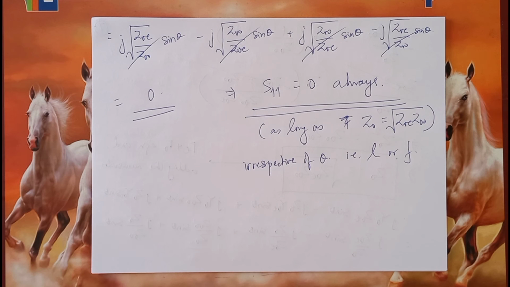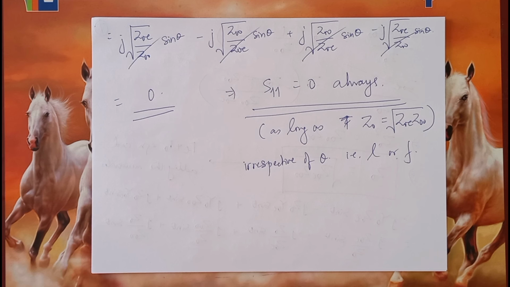If you notice, in case of the Wilkinson power divider, that was not the case. Although we did not discuss it in too much detail, there were those two arms, each of lambda by 4. And the moment you have a lambda by 4, you have a constraint on the frequency.